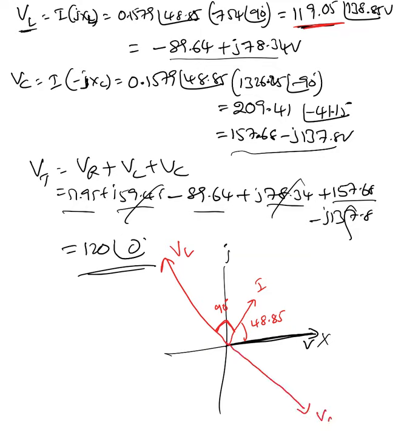I'm not drawing according to the values, because VC is 209 and VL is 119, and this angle here is minus 41.15 degrees. Basically, the angle between I and VC must be the same 90 degrees. This is the vector diagram for the RLC series circuit. Okay, thank you.